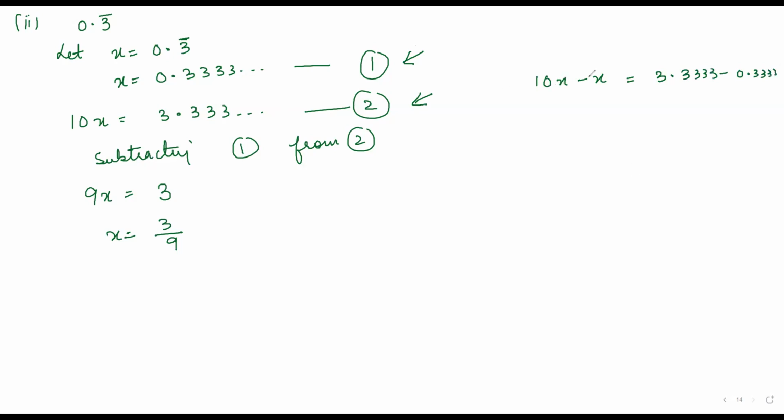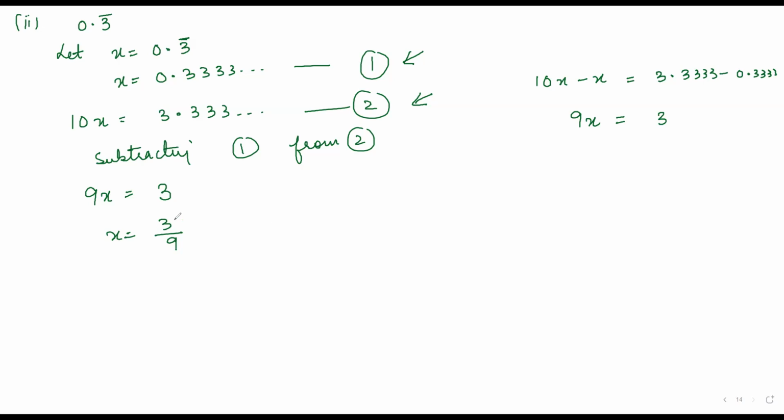So 10x minus x will become 9x and this will give you 3. Yes, you can subtract equations like this. If you are subtracting one equation from the other equation, we do it like this: LHS we subtract, and then RHS on the right hand side.